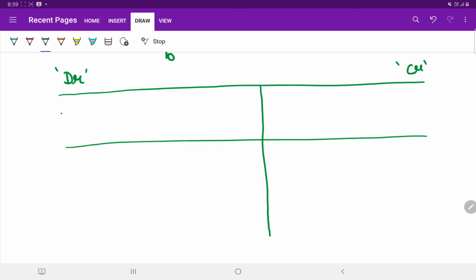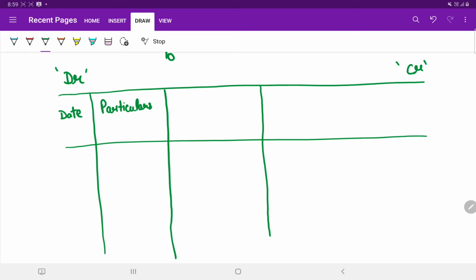Now, on this side, first column is for date, then the particulars. Now, if the posting is in the ledger, then the LF column, the ledger folio number, and finally the amount. Now, this central vertical line is separates this one.